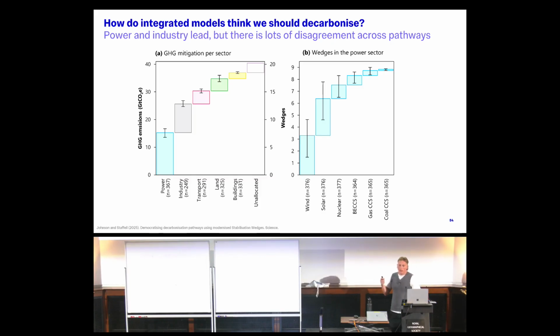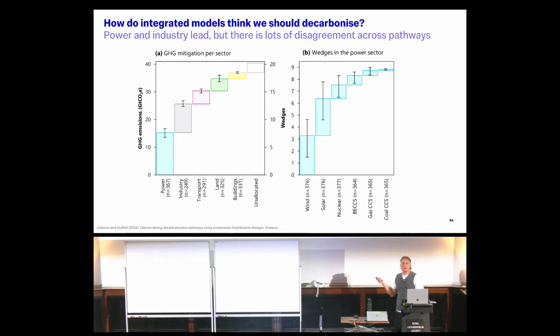But what is striking about this chart is just how much variation there is across scenarios. Take wind, for example. It can save anywhere between 1.5 and 4.5, nearly 5 wedges of carbon. That's a huge, huge difference. The same applies for solar.